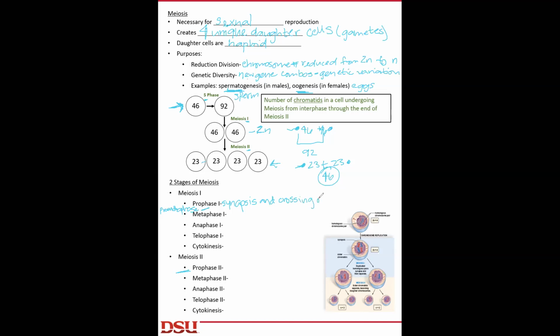And I will go into this in a little bit more detail soon. But this, guys, is extremely important for you to remember. Okay? Synapsis and crossing over don't take place in mitosis, but they do take place here in meiosis, in prophase 1 of meiosis 1. During metaphase, we have a process called independent assortment.